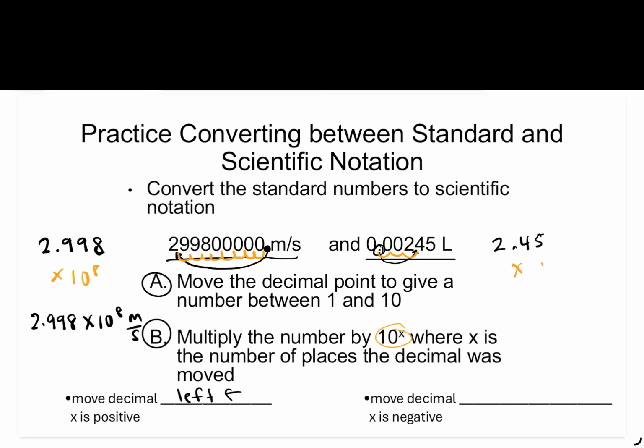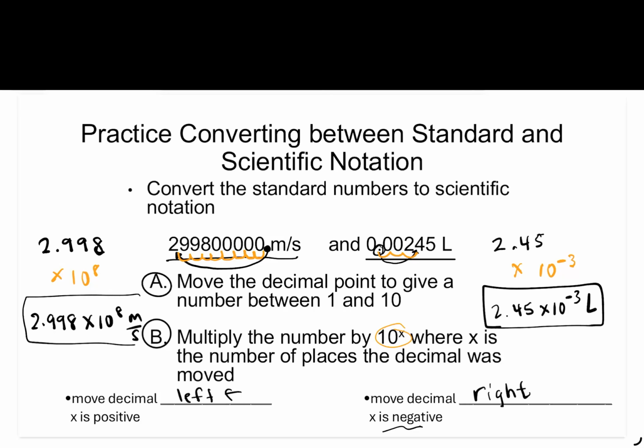So this is times 10 to the 3, but I have to make it negative because this is a small number and I'm moving to the right. When I move the decimal place to the right, x has to be negative. So I'm writing this as 2.45 times 10 to the minus 3 liters. That will be my answer for the small one, and 2.998 times 10 to the 8 is my answer for the large one.